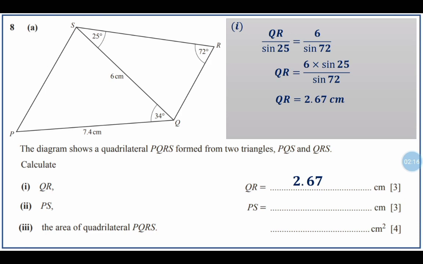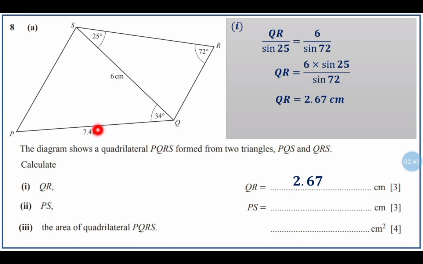Next, PS. How to calculate PS? We know that SQ is 6 centimeter, PQ is 7.4 centimeter, and then 34 degrees as an angle. So this is an angle opposite to the PS which we are looking for. And then we are given the two other sides.